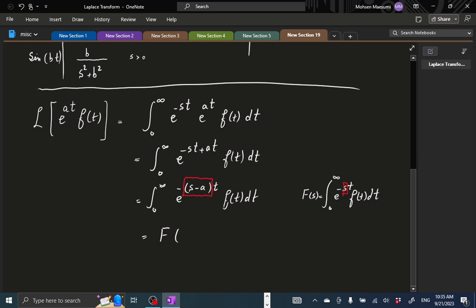All we are going to do is a simple substitution: instead of s, I have s minus a. So that was simple enough, rather magical that we get it so easily.